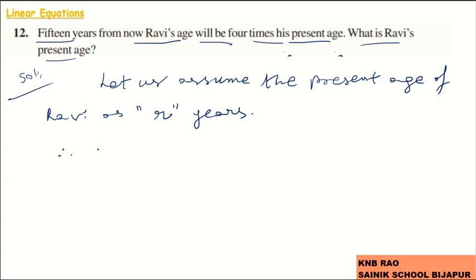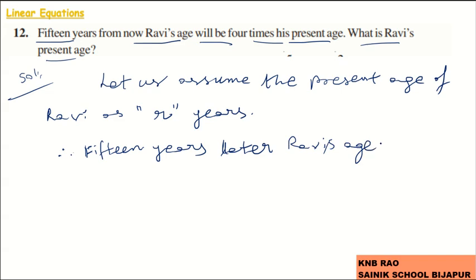Therefore, 15 years from now means later, from now, after, they are all same. So, 15 years later, Ravi's age will be whatever is present plus 15 more years.